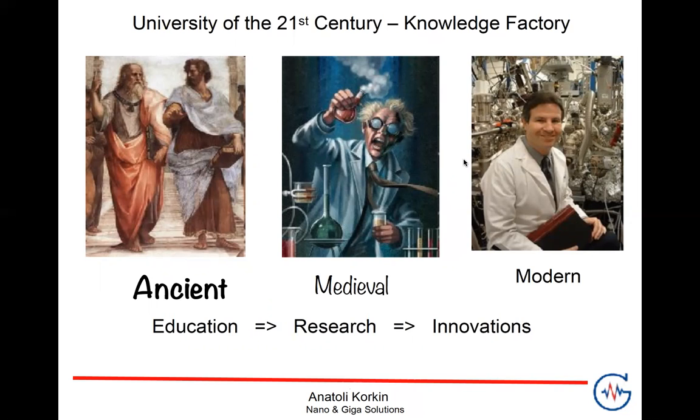Modern science includes a lot of very sophisticated tools which help us see separate atoms and what molecules and materials are made of. In general, the flow is we do education, we learn something, we do the research, and finally we move to innovations.